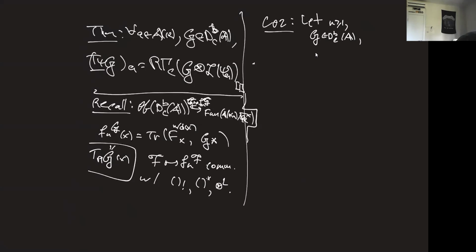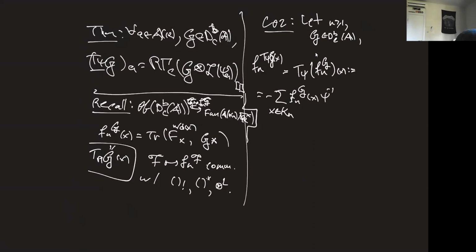Then Fn of T psi of g is T psi of Fn of g, which is by definition minus the sum over x in Kn of f and g of x, psi of x y. It should be y. It's y.